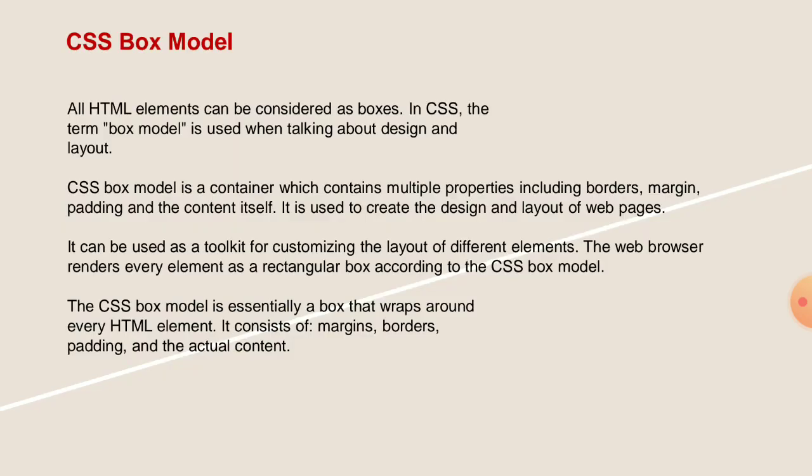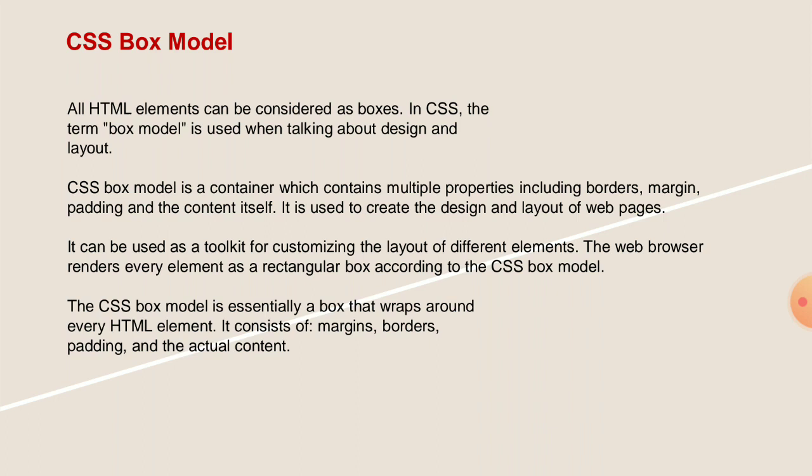The next topic is the CSS box model. In the CSS box model, every HTML element is considered a box. The term box model is used when talking about design and layout. The CSS box model contains multiple properties including borders, margin, padding and the content itself.